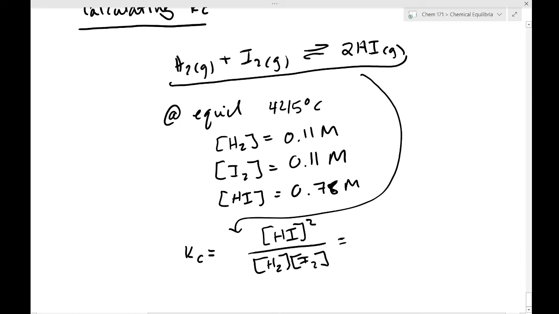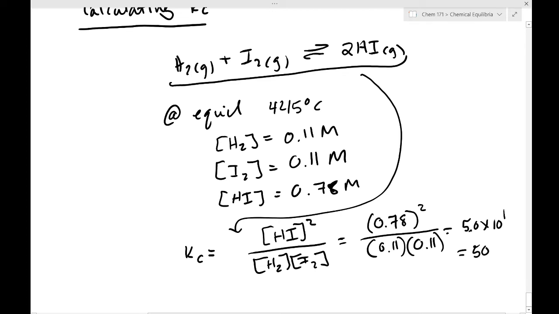Now we just plug in the values. So we have HI concentration 0.78 squared divided by 0.11 times 0.11, and that gives us a value of 5.0 times 10 to the 1, which equals 50. So the Kc for this reaction is 50.